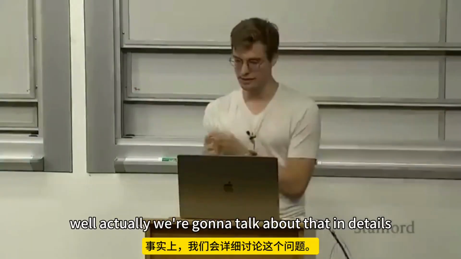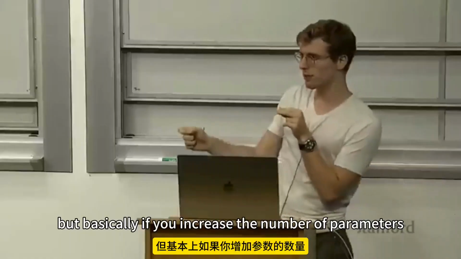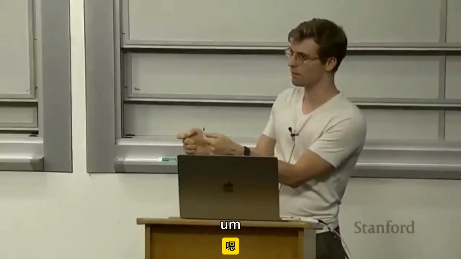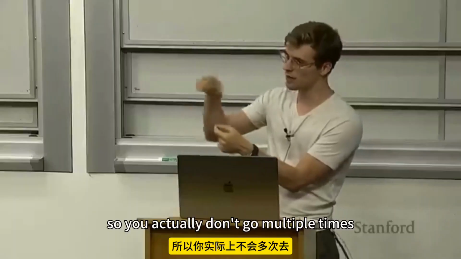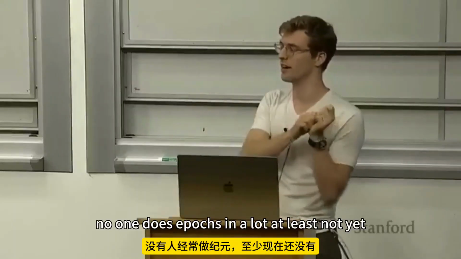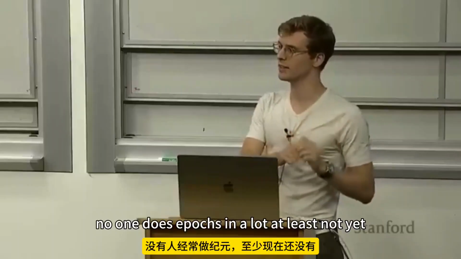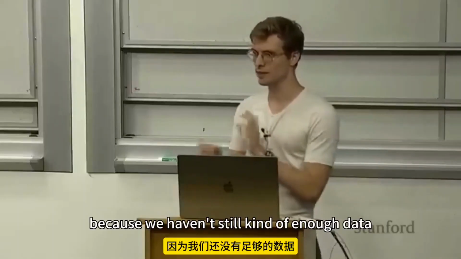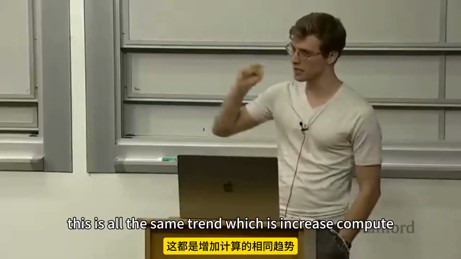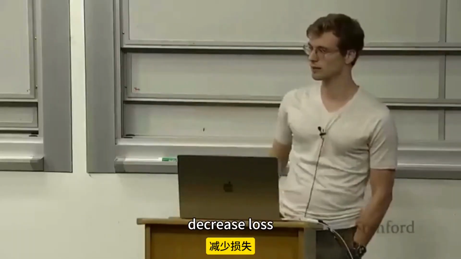We're going to talk about that in detail, but basically, if you increase the number of parameters, you should increase the amount of data that you have. So you actually don't go multiple times through the same data set. No one does epochs in large language models, at least not yet, because we still don't have enough data. So this is all the same trend: increase compute, decrease loss.